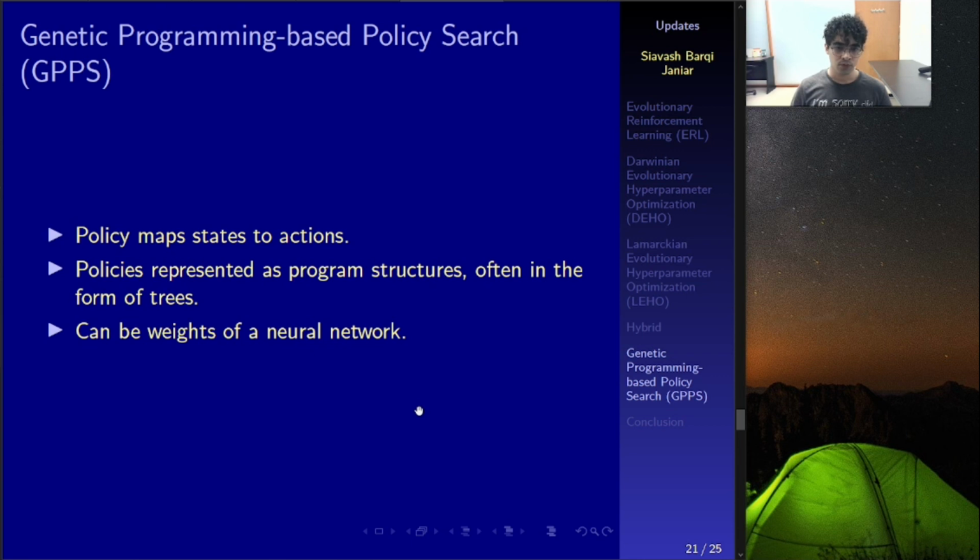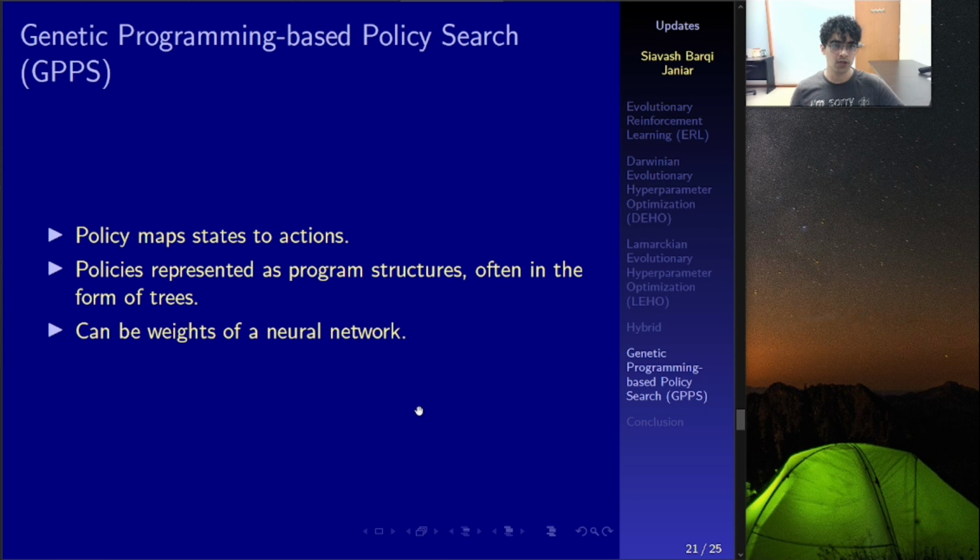So it is suggesting that the population is going to be made out of those neural networks, in contrast to hyperparameter optimization kind of evolutionary reinforcement learning. So policies here are represented as program structures.